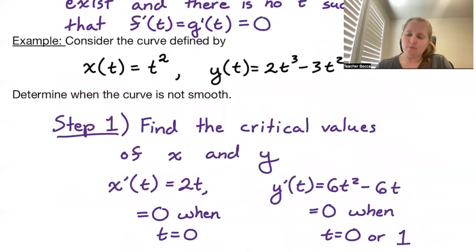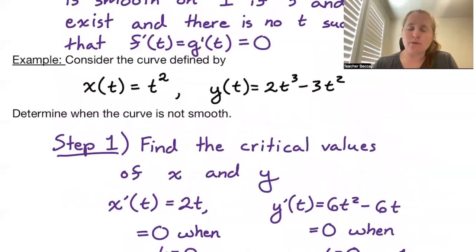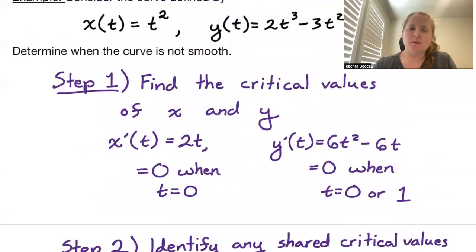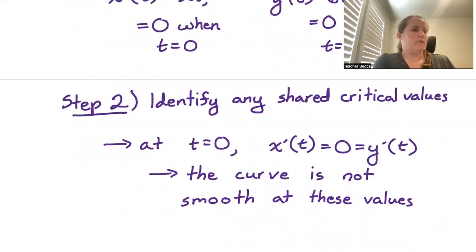Again, we simply have to find where both are 0 or if one's undefined, etc. We can identify where the curve is not smooth. So if you graph this, we do wind up with a corner at t equals 0.